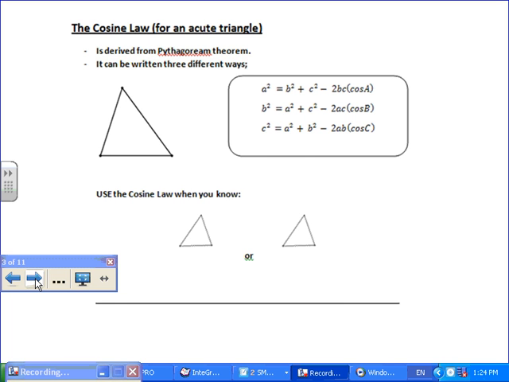Let's go ahead and label our triangle. Let's call this triangle ABC. I'm going to label each of my vertices A, B, and C. That gives me a name for each angle.